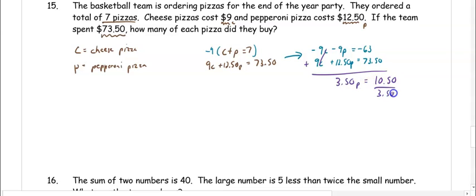We divide by 3.50, P is 3. So we can take our value of 3 and put it in for P. So C plus 3 equals 7. We can subtract 3 from both sides. C equals 4. So our ordered pair is 4, 3, which means that they ordered 4 cheese pizzas and 3 pepperoni.